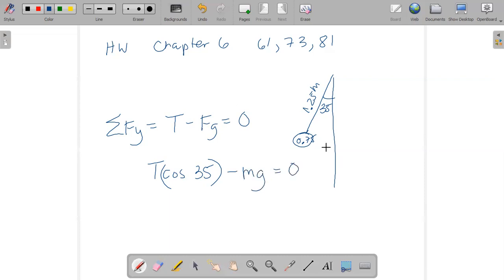And we're solving for T. So T equals mg divided by cos 35. And that's going to be equal to 8.97 newtons. And that was 73.